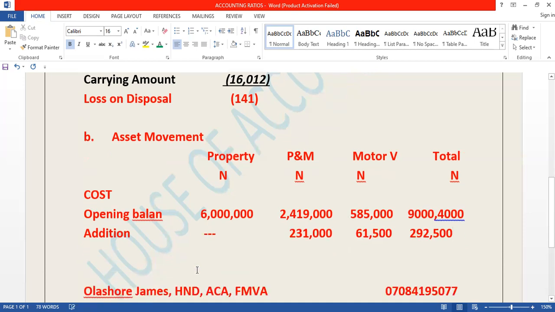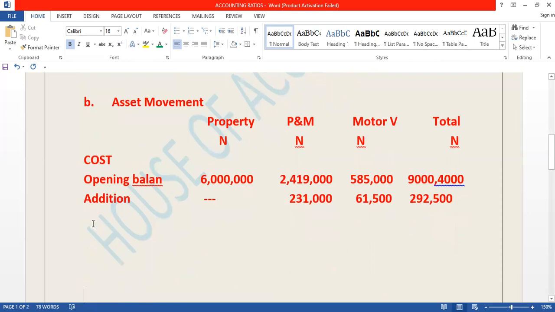Now, after addition, we have a new figure. Then we also dispose of some of the assets. Disposal. Do we dispose of any property? No. Okay.